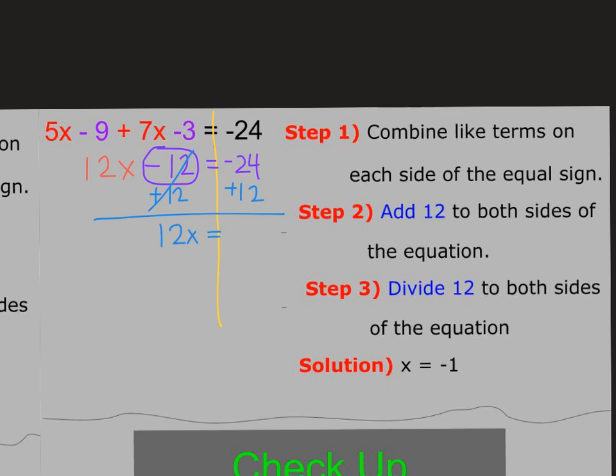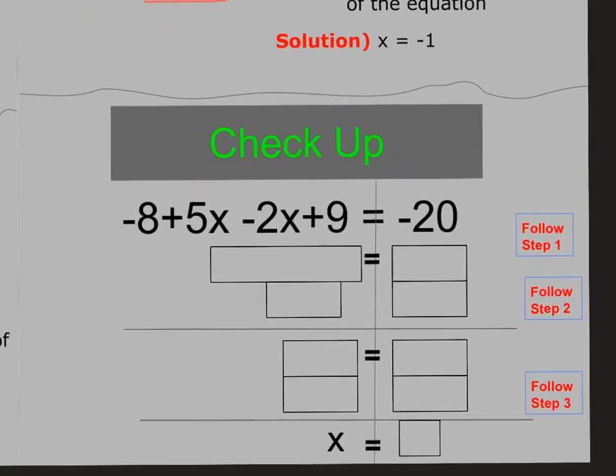Negative 24 plus 12 will give you a negative 12. 12 is being multiplied with x on the left, so inverse would be to divide by 12, both sides. And your answer of x is equal to negative 1. Okay, so there's a few examples with the additional step of combining the like terms at the beginning. You will then have a checkup question.